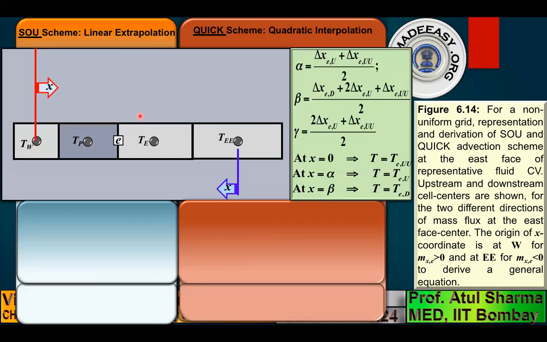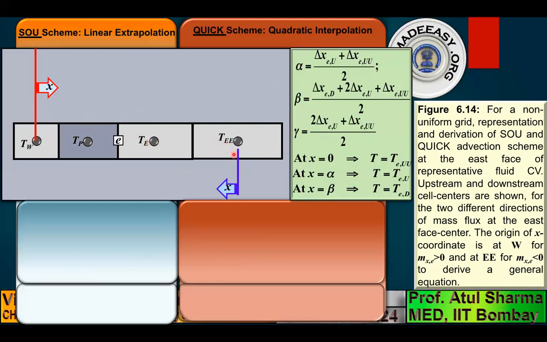If the mass flux is in the positive x direction, this is delta x u by 2, and this distance is delta x uu by 2. This distance is delta x u by 2, and this is shown here as alpha. So for flow in the positive x direction, this distance is alpha, and for flow in the negative direction, this is alpha.